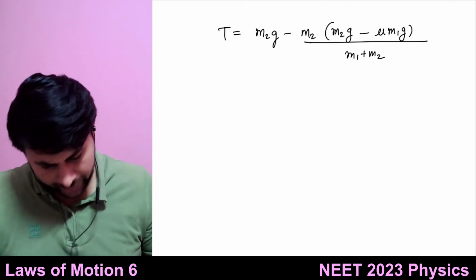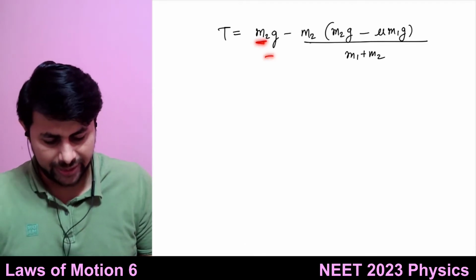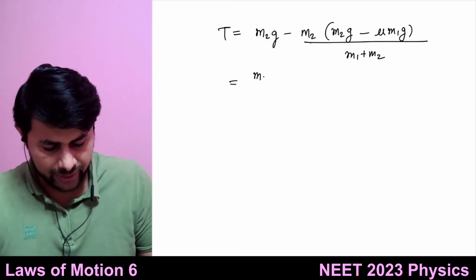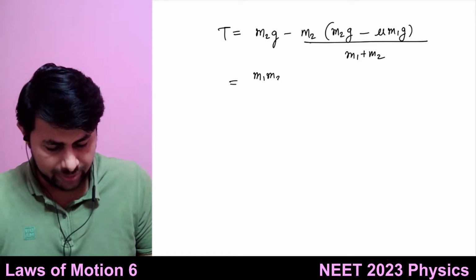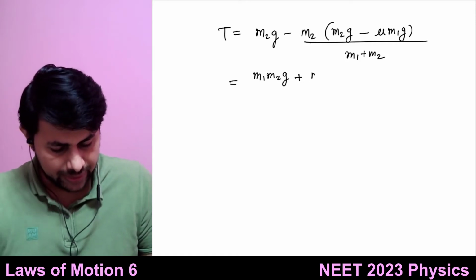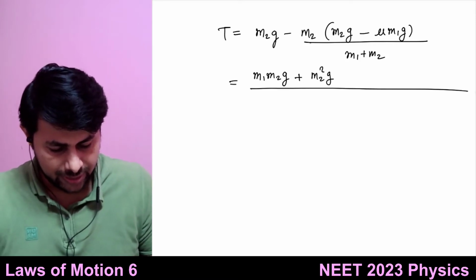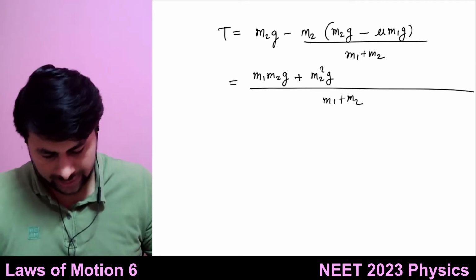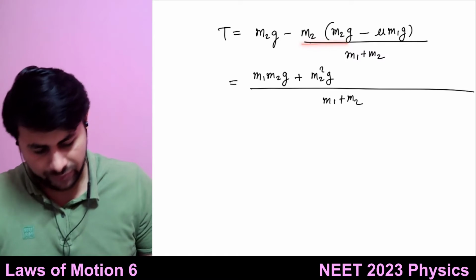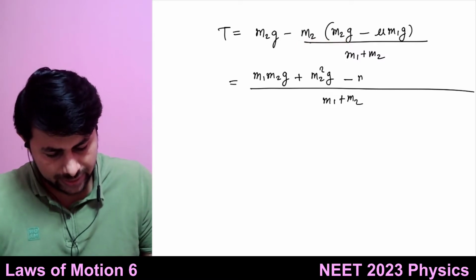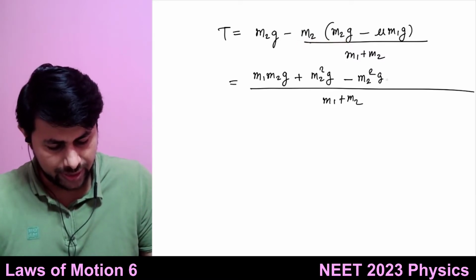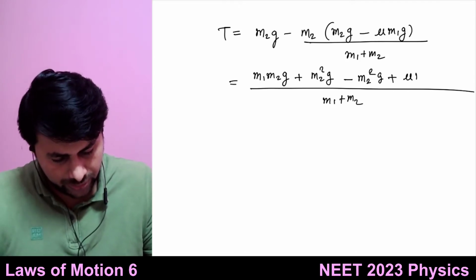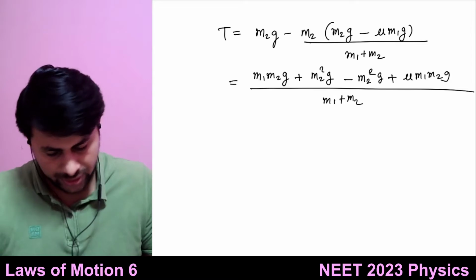So let's multiply and divide this term with (m1 + m2). So it is m1 m2 g plus m2 square g, everything divided by (m1 + m2), and let's multiply this one with m2. So minus m2 square g, and this minus minus becomes plus, so it is mu m1 m2 g.